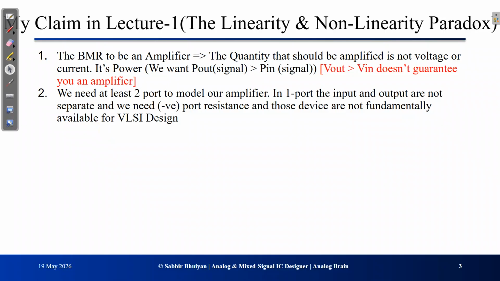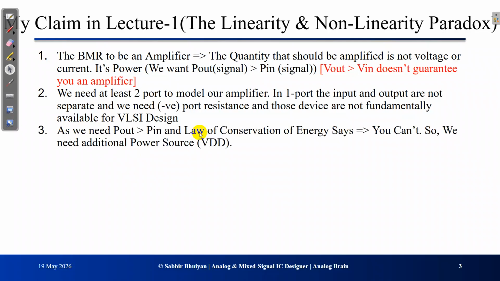In 1 port, the input and output are not separate, and we need negative port resistance, and those devices are not fundamentally available for VLSI design. Okay, number 3, as we need P out greater than P in, and the law of conservation of energy says no, you can't do it, so we need an additional power source. Okay.